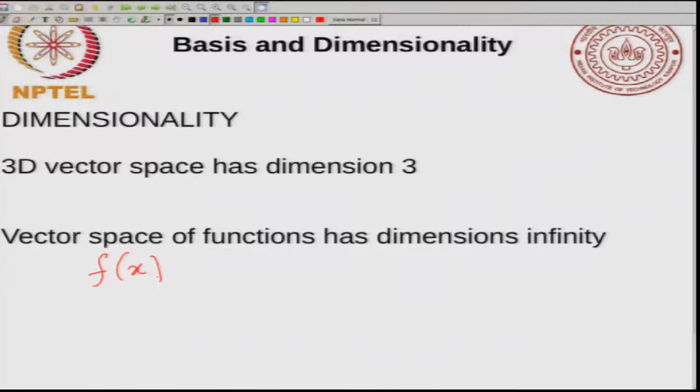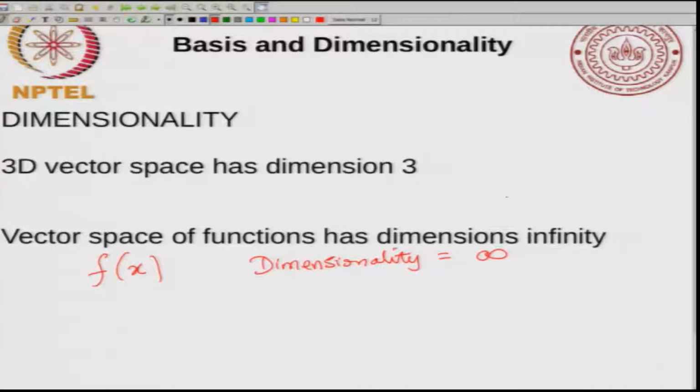So, actually the dimension of this vector space of functions is infinity. So, dimensionality equal to infinite. Okay. 3D vector space of course has dimensionality of 3, and vector space of functions has dimensionality of infinity. So, now you can look at some other vector spaces.